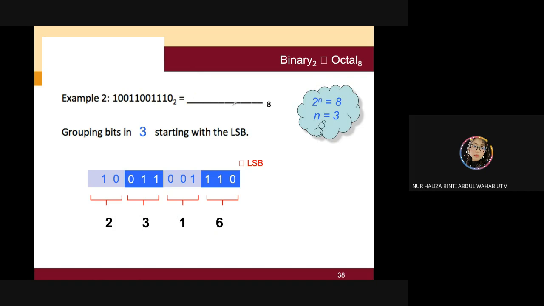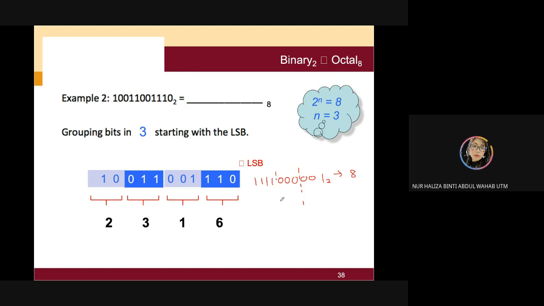Let's say I give you a simple example. Maybe I have 1110001. This is base 2, and I want to convert it to octal.